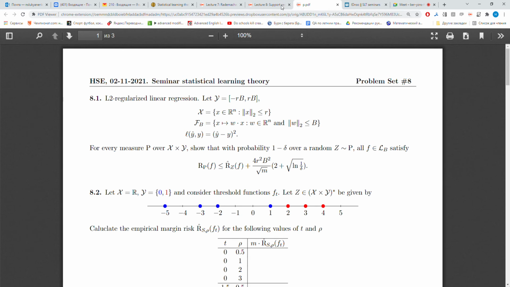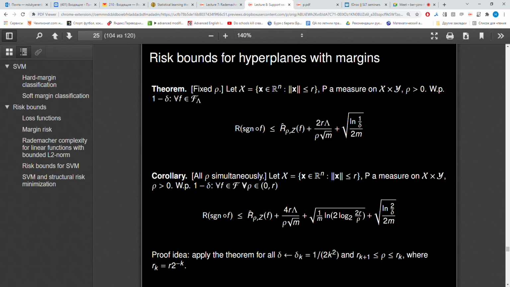As you can see, it's really close to this inequality.